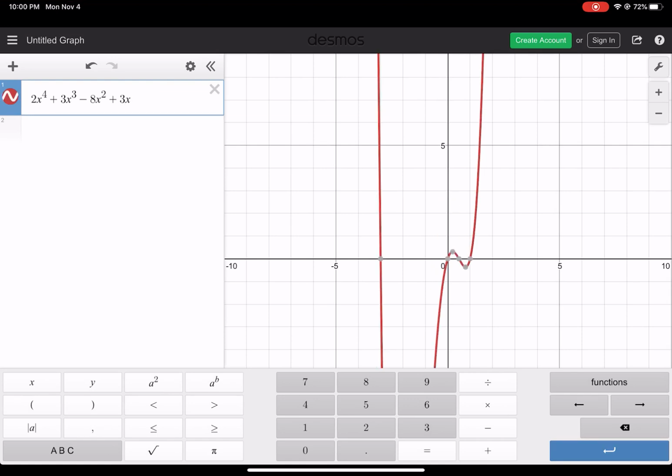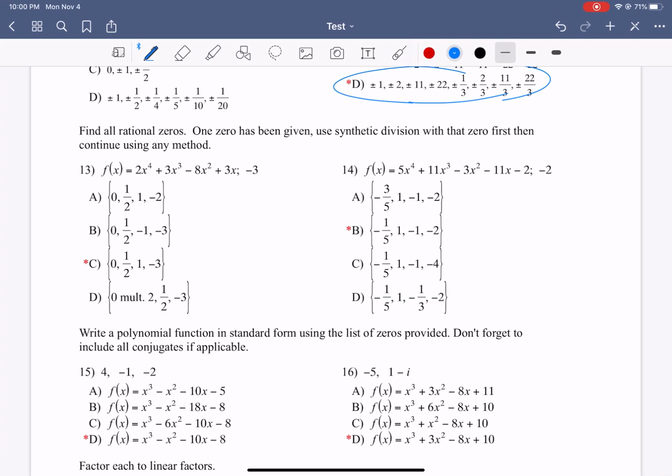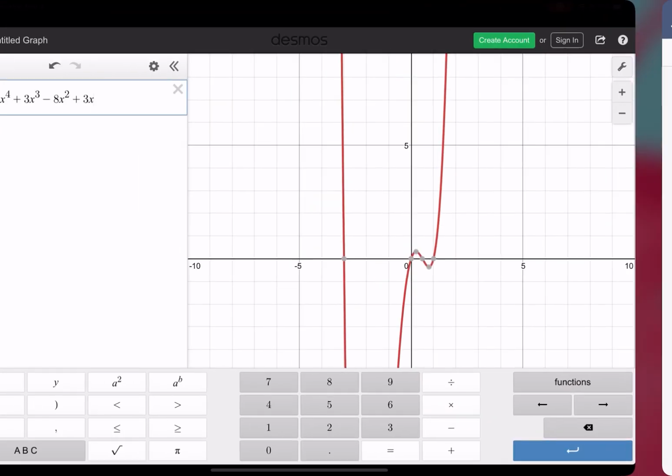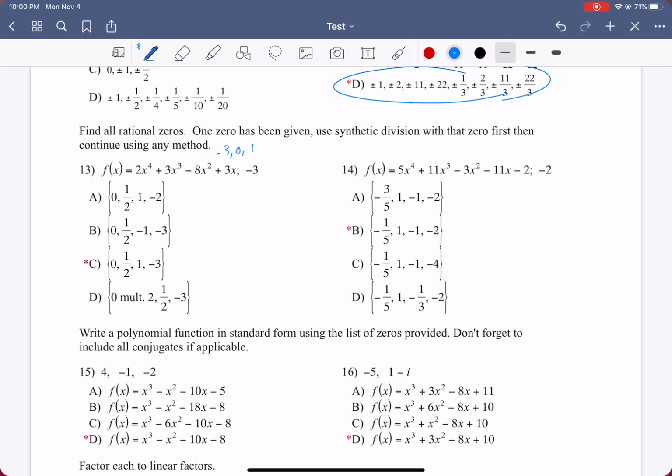So we can look at this and we can see that we for sure cross at negative 3, 0, and 1. So negative 3, 0, and 1, and then some fractions somewhere in between 0 and 1. So we're going to start off, I gave you one, so we can start off with some synthetic division first.